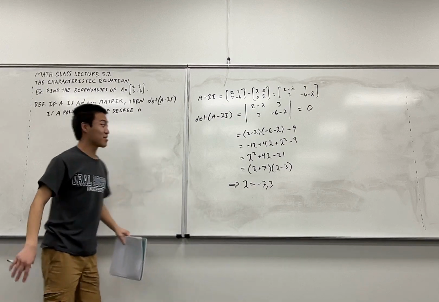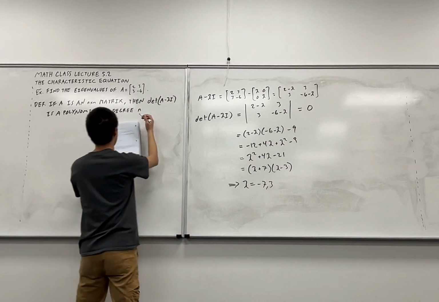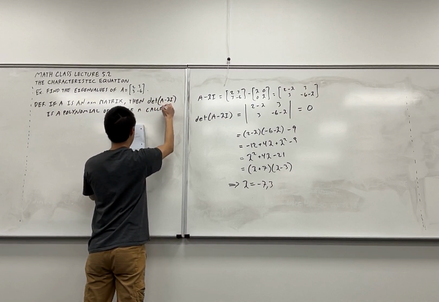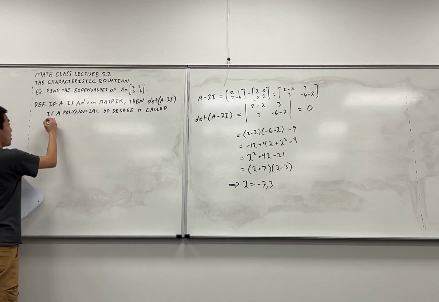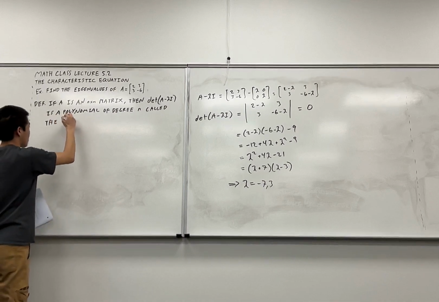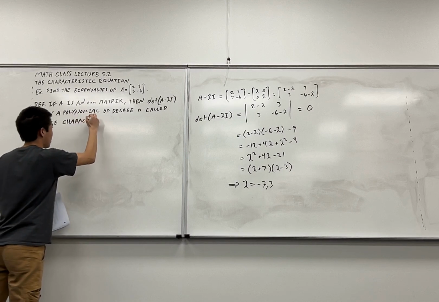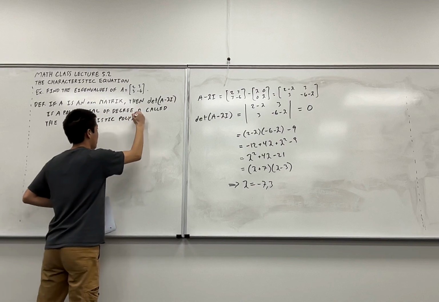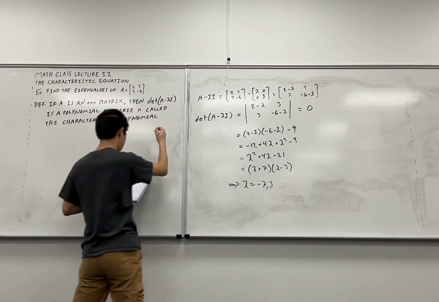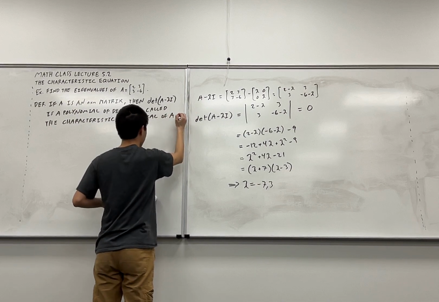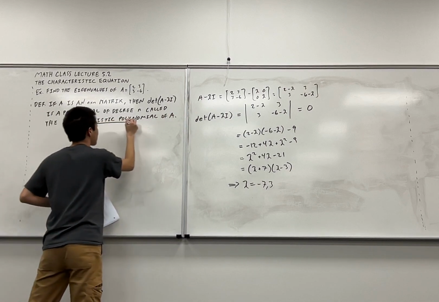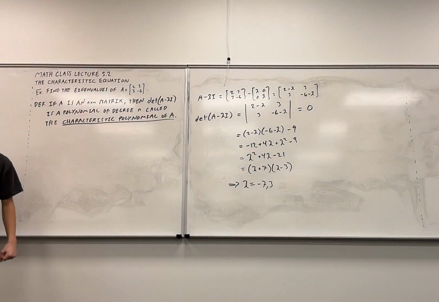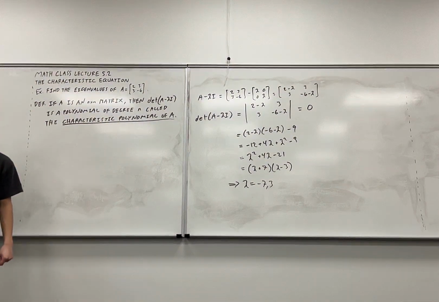Definitely doesn't matter whatsoever. Okay, so we have a polynomial of degree n, and then we call this the characteristic polynomial of A. What's the difference between the characteristic polynomial and the characteristic equation? Well, a characteristic polynomial is a polynomial, and a characteristic equation is an equation. There you go.